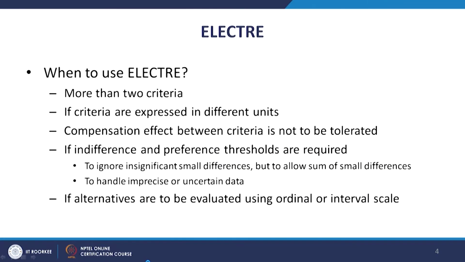Briefly, an ordinal scale means we are just looking at the order, and the difference between two particular elements is not meaningful in that scale. An interval scale is one where the difference between two elements is meaningful, however the concept of absolute zero is not there.